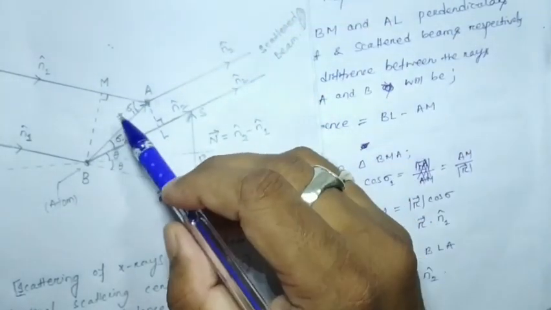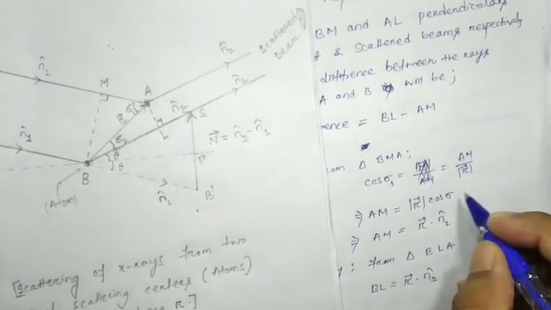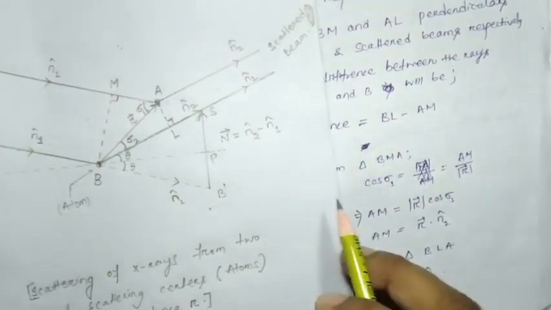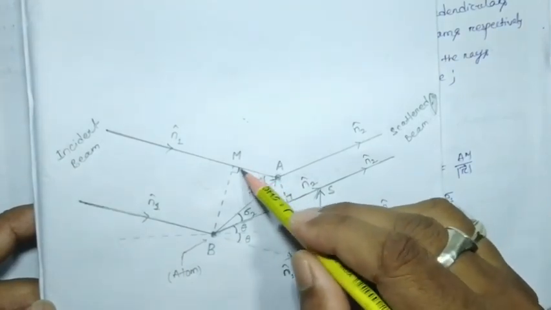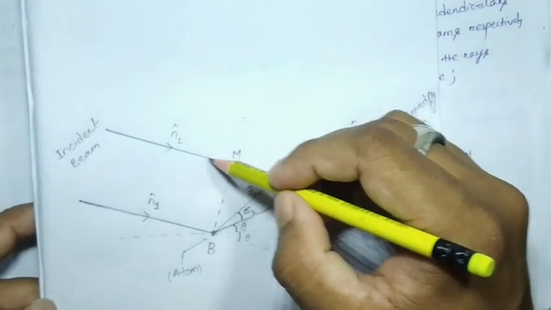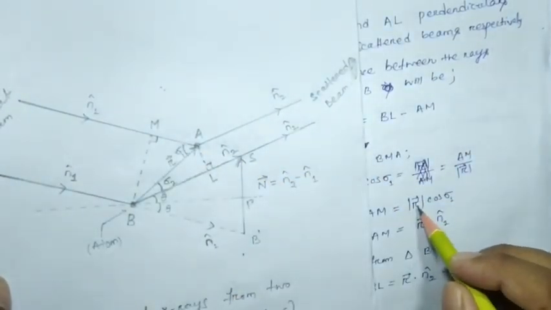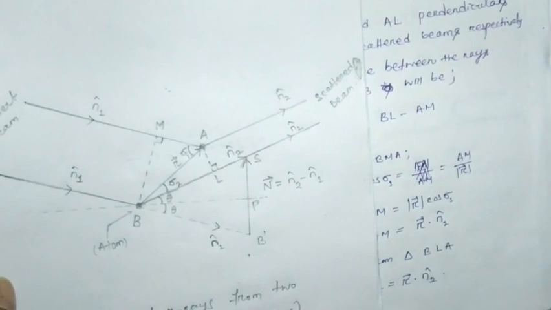AB is the distance, nothing but R. So cos sigma 1 is AM by R, or AM will be equal to R cos sigma 1. So AM can be written as R dot n cap, because sigma 1 is the angle between this ray and this vector. So instead of writing the modulus of R vector times cos sigma 1, I can write R dot n cap.